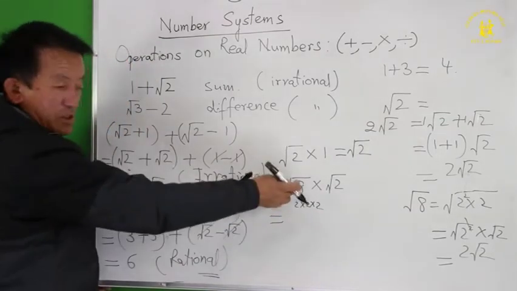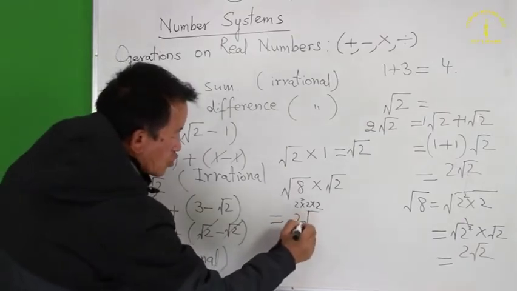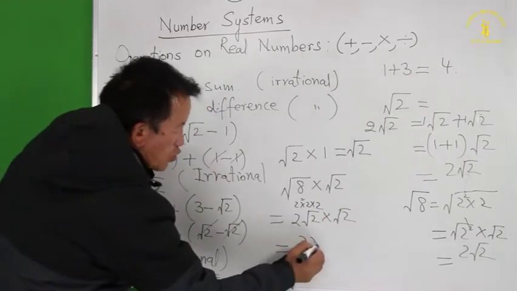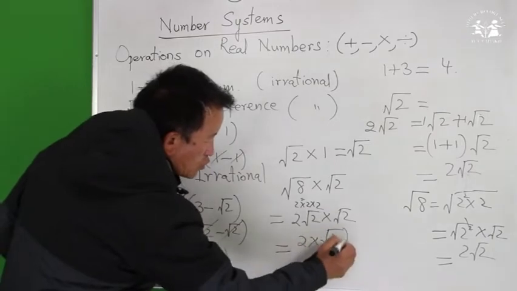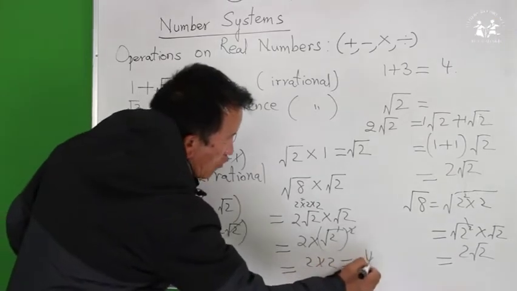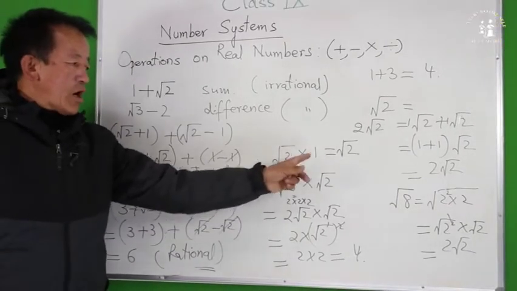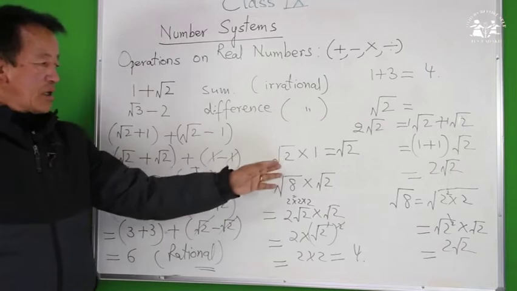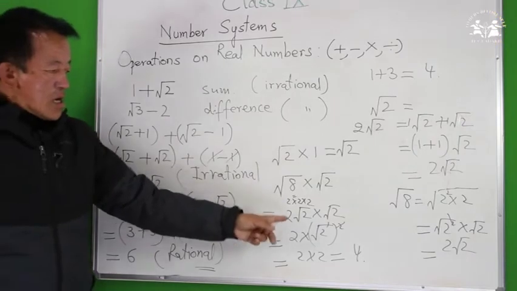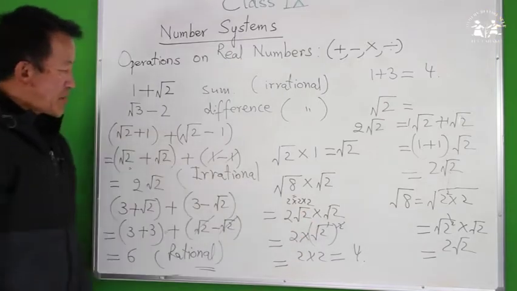Now multiply: first simplify, 2 square root of 2 into square root of 2. Square root of 2 into square root of 2, the square root cancels, so 2 into 2 is 4, the product. A rational number times an irrational number is irrational, but an irrational times an irrational may be rational.